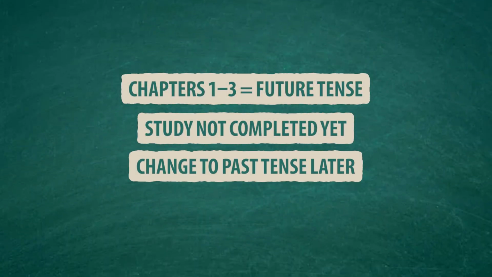And just to let you know, it is a lot easier now with word processing than for those people who completed their dissertation 50 years ago or so. They had to retype every page. You just have to go in and change the tense on some verbs. So it is a little easier, but the tradition is to write in the future tense until you've finished and then put it in the past tense.